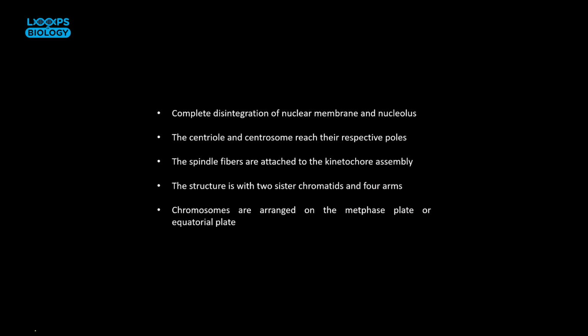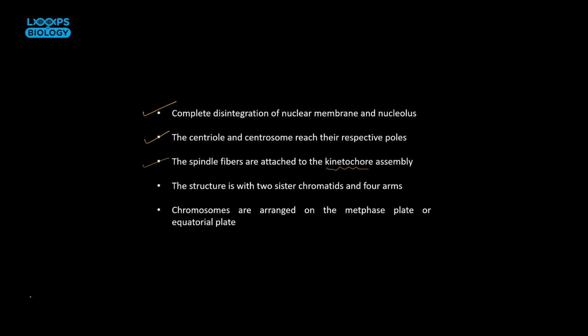Alright, so let's see what is happening. So there is complete disintegration of nucleus membrane and nucleus. We have seen that. The centriole and centrosome reach their respective poles. We have seen that. Now the spindle fibers start to attach on the kinetochore assembly. I have told you that whenever the spindle fibers are coming out, these spindle fibers are going to get attached in a hook-like structure called kinetochore. Alright. The structure is with 2 sister chromatids and 4 arms.